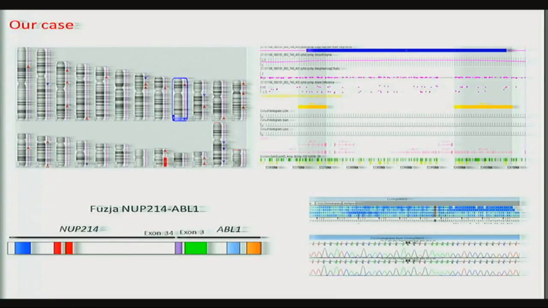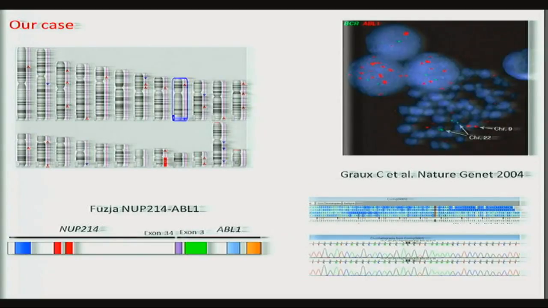First of all, we found one case in the literature similar to ours, and we also found that this is an unusual fusion, and this is an extrachromosomal fusion. It's not located in the chromosome, but in these leukemic cells in the patient, you can observe these lesions outside.